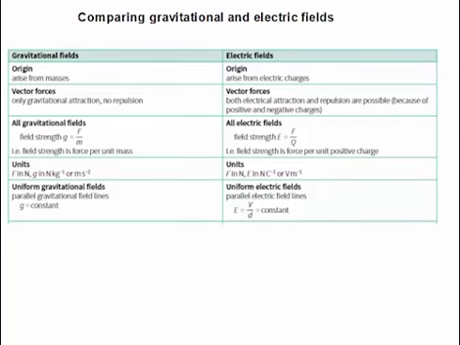And coming here to a comparison between gravitational and electric field. For a gravitational field, the origin is mass. Any mass causes the gravitational field, like any mass we have in the field of gravity. What is causing electric field?